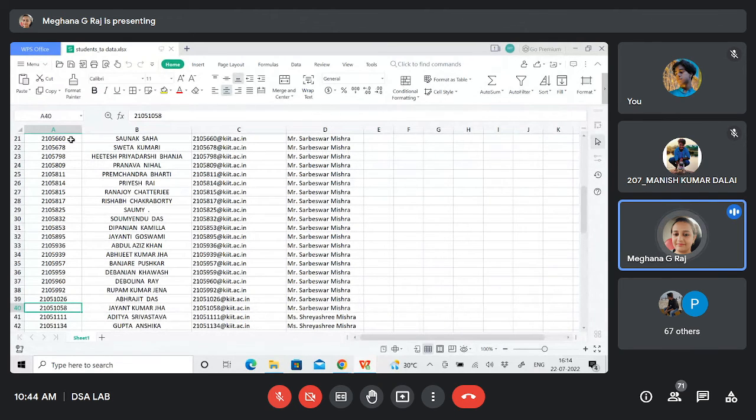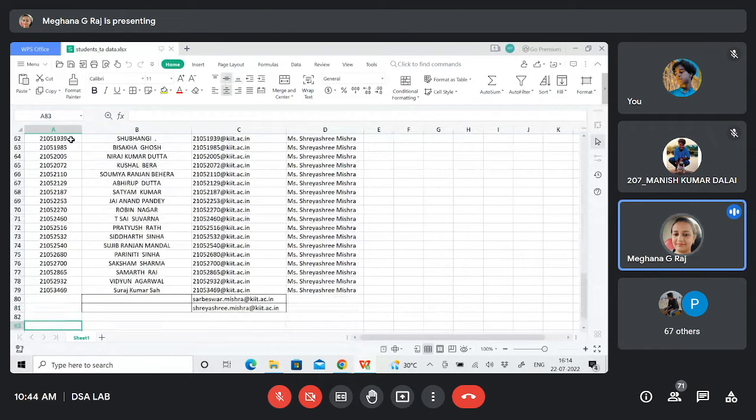So he is the person who would be evaluating your 20 marks as well as your 10 marks component. Okay, so from roll number 1011 to the last person, 3469, for you, Shreyashri Mishra madam would be the lab programmer.